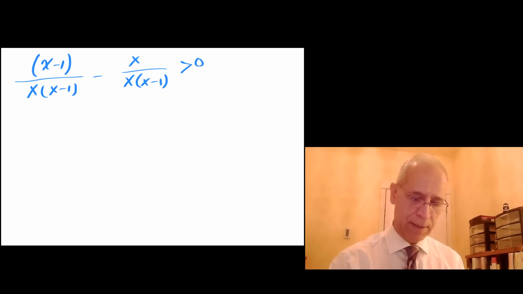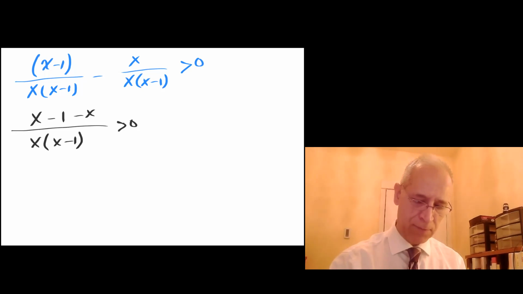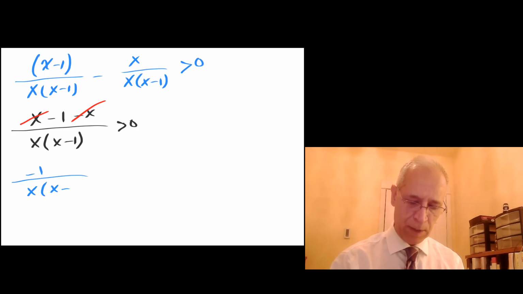Combining this, I get x minus 1 minus x over x times x minus 1 greater than 0. I'm going to go ahead and cancel x with minus x. So I'm left with negative 1 over x times x minus 1 greater than 0.